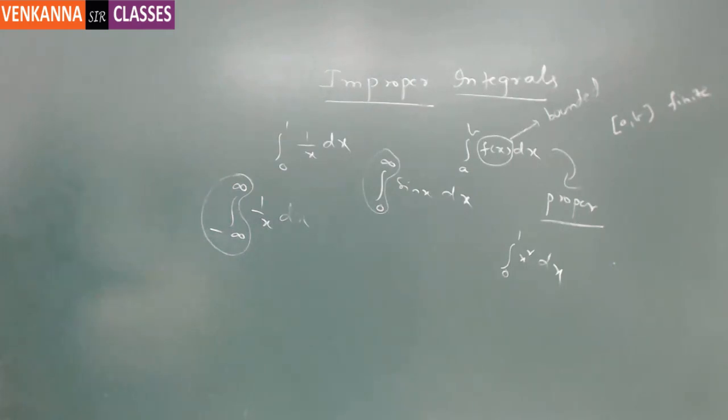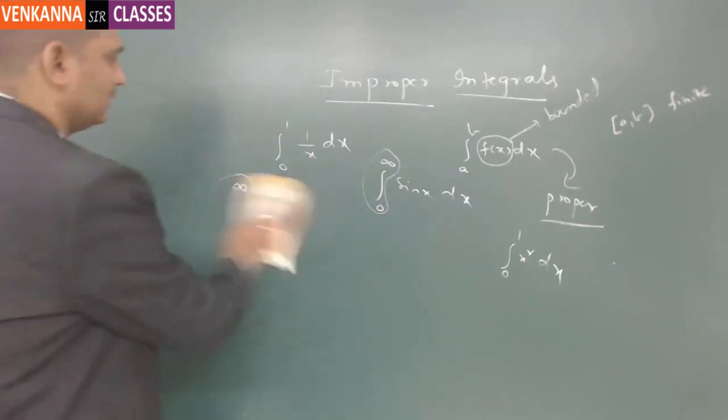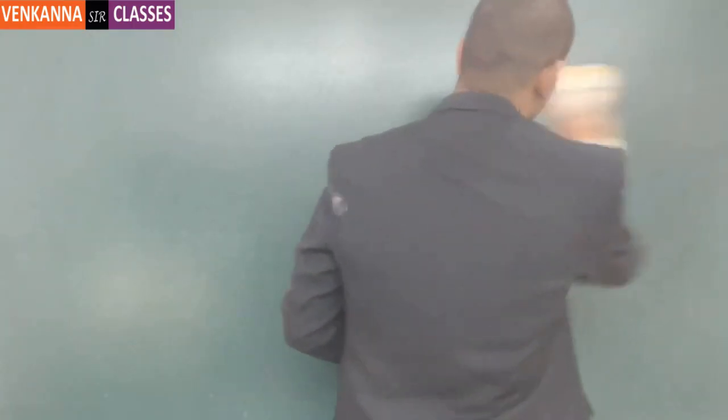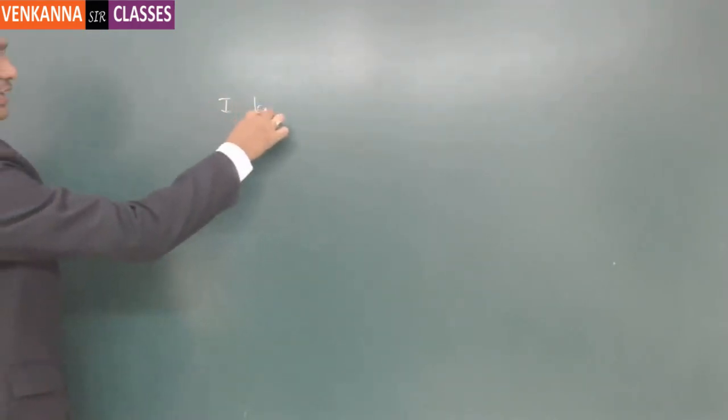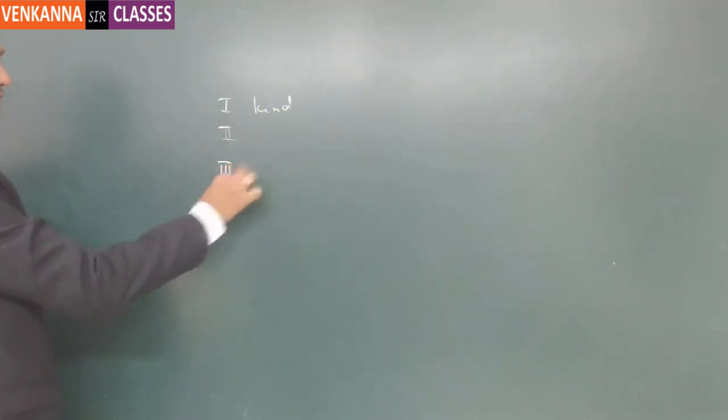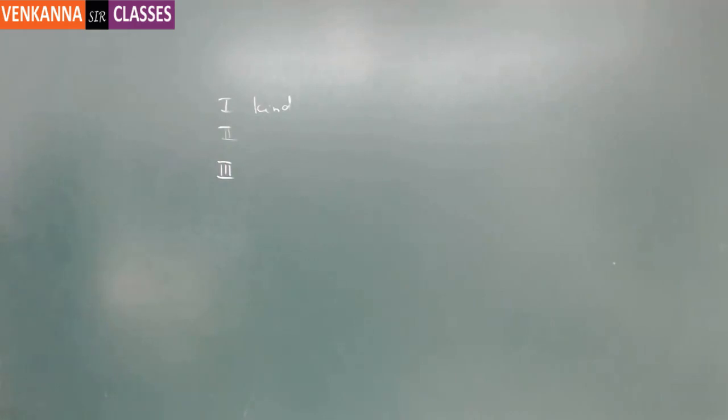Now, on observing this pattern, improper integrals are mainly classified into three types: first kind, second kind, third kind. So what is meant by first kind?